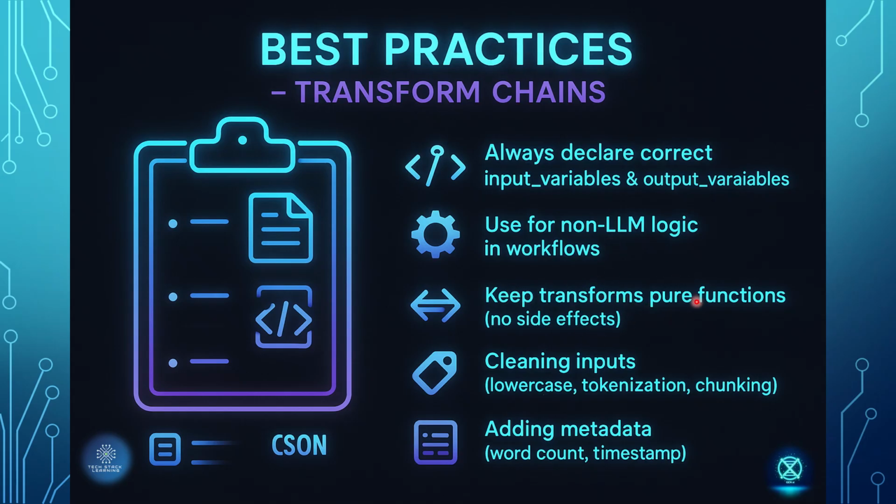Keep transforms pure functions, with no side effects, just input and output. You can use them for cleaning inputs like lowercase, tokenization or chunking, adding metadata like word count or timestamp, and also parsing and formatting the outputs. This is how you follow the best practices.